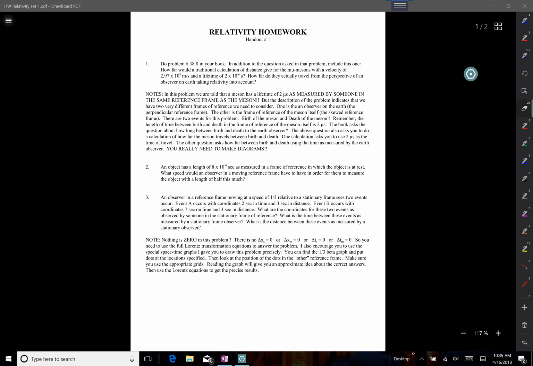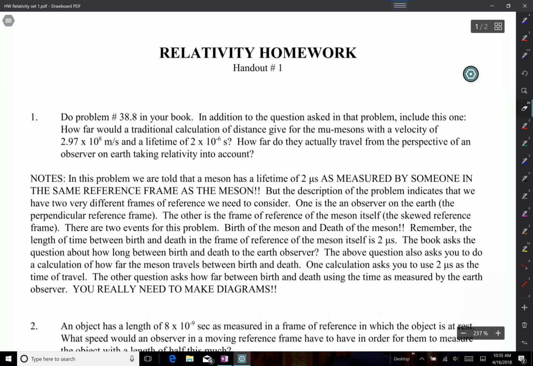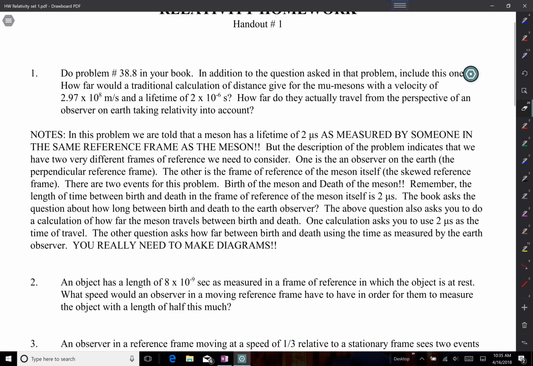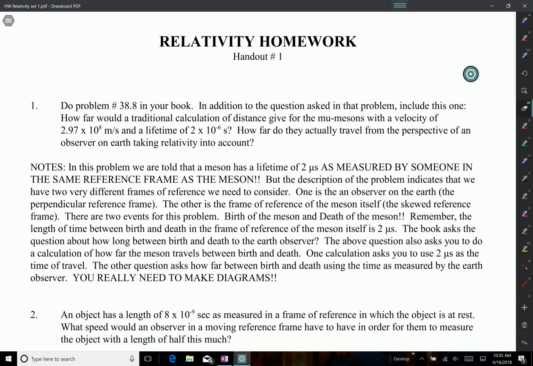All right, let me give you a little bit of help on some of these relativity homework problems. We're going to take the problems that you can see here on the page in front of us, and I'll give you the diagrams. We did number 1 here in the relativity handout, I think this is homework 23.